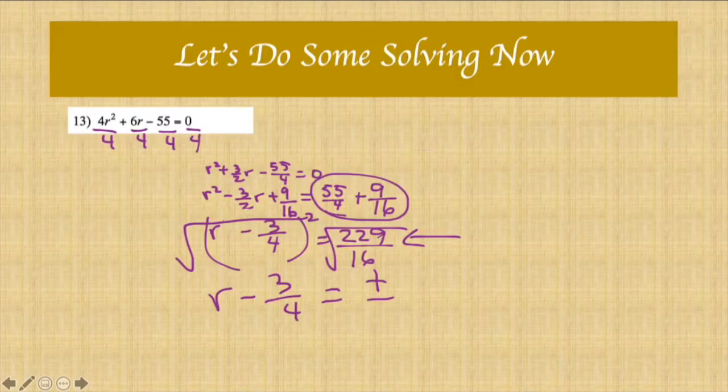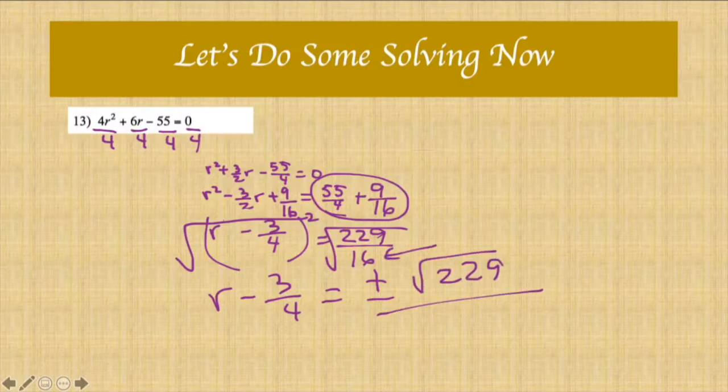Check and see if that's a perfect square root. Put it into your calculator, take the square root and see if it comes out as a decimal or not. It will come out as a decimal, so we're going to leave it square root of 229. But the 16 does come out. It comes out as a 4. Notice again we have the same common denominator.